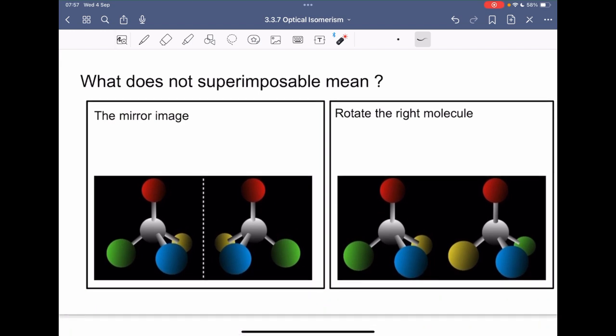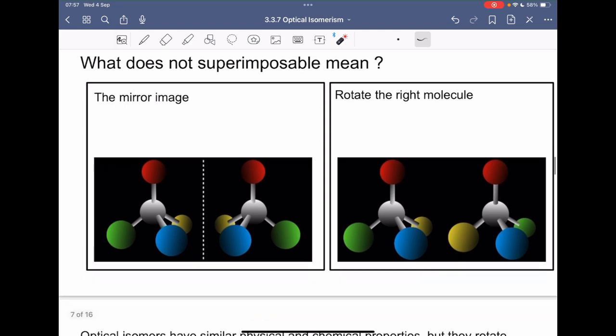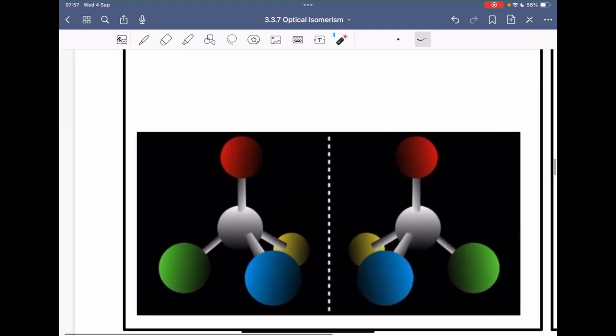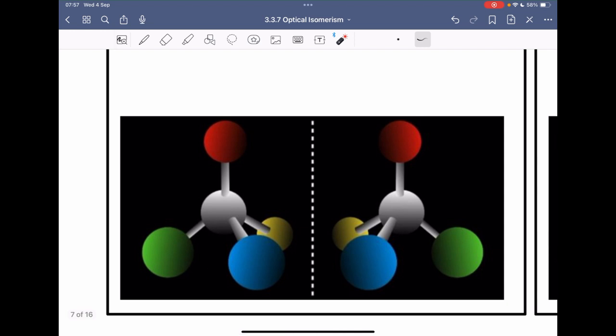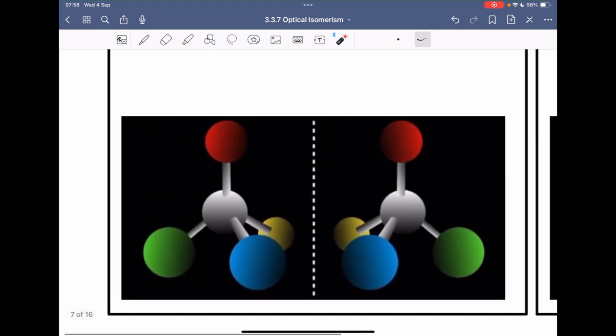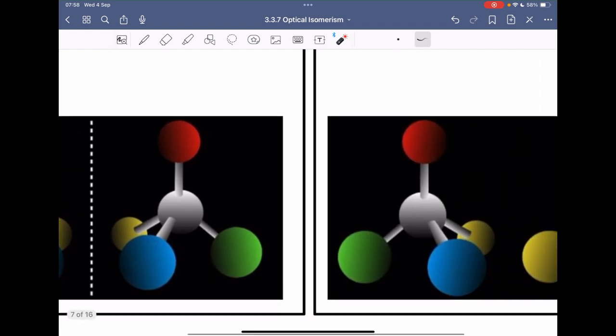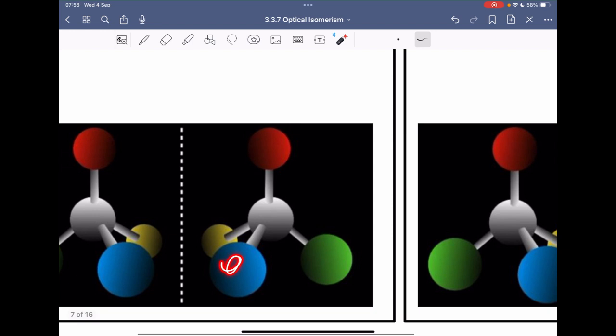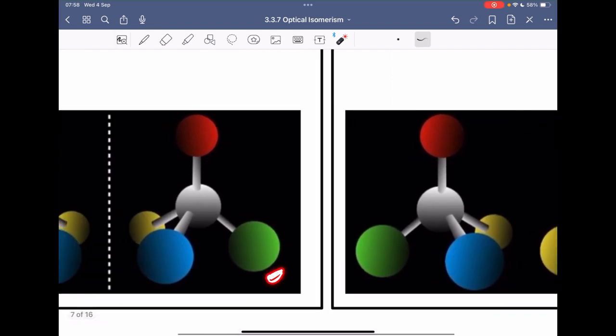Now, what does non-superimposable mean? Well, for example here, this is our mirror image, like we had before. And notice how, since they're mirror images, they don't have the same orientation, okay? And to prove that, we can rotate this molecule on the right that way. And when we do that, this moves right around here, this moves over here, this moves over here, like that.